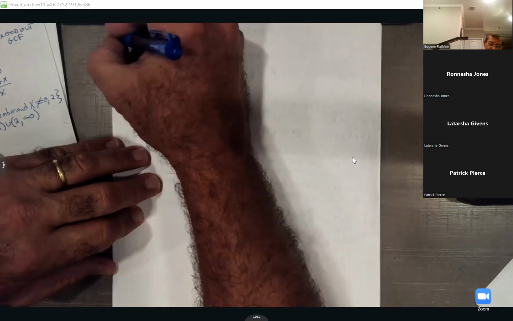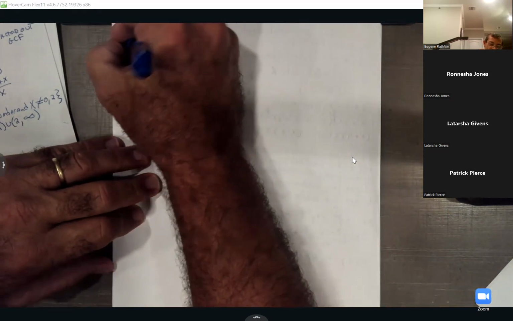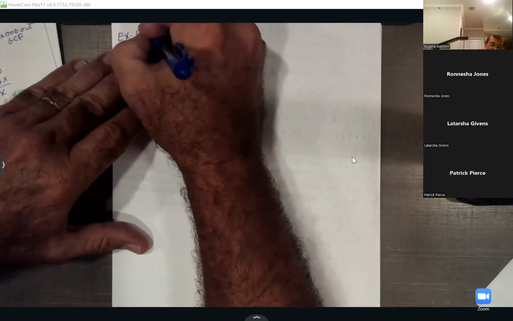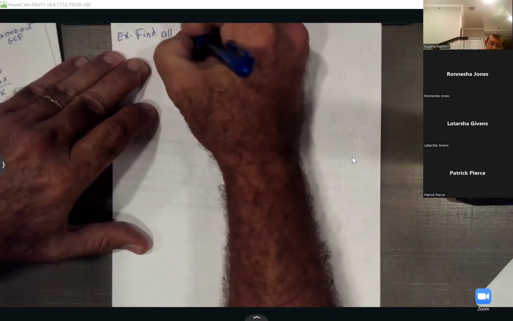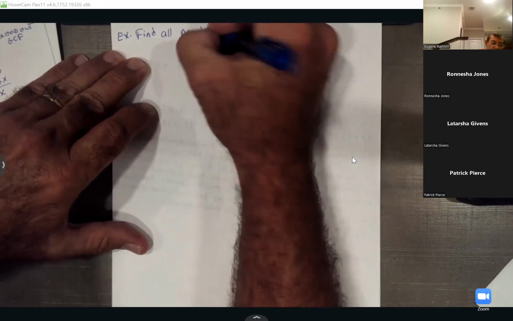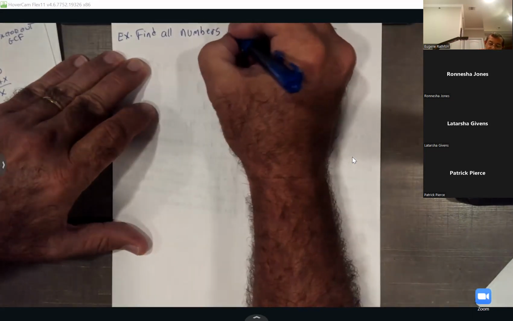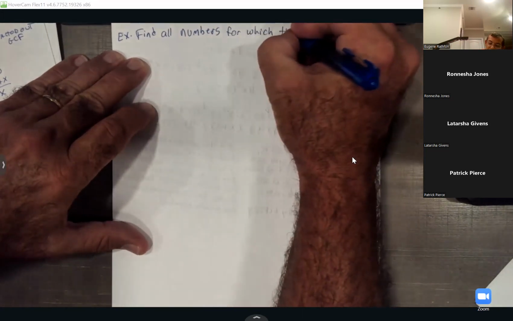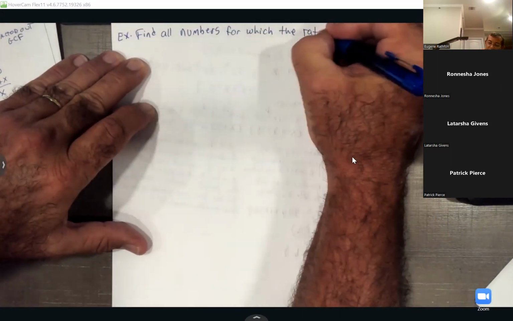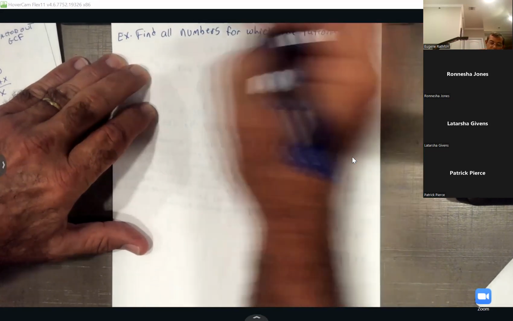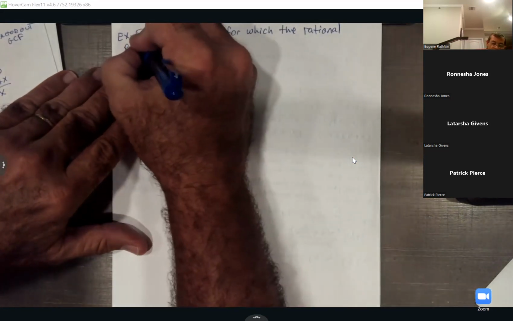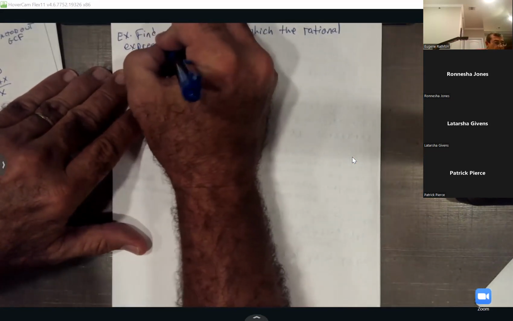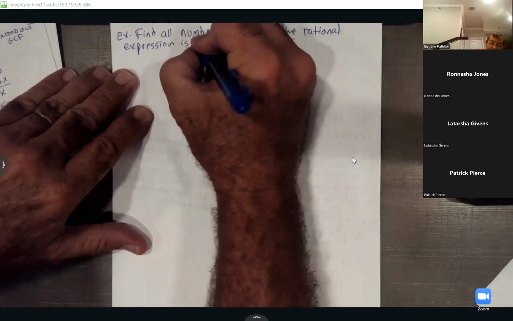So the 5-1 actual homework starts out, they want me to find all numbers for which the rational expression is not defined.